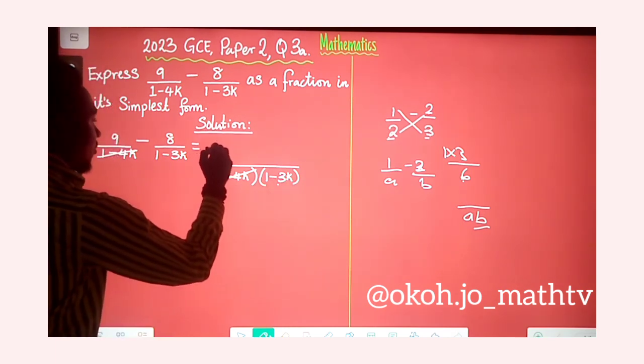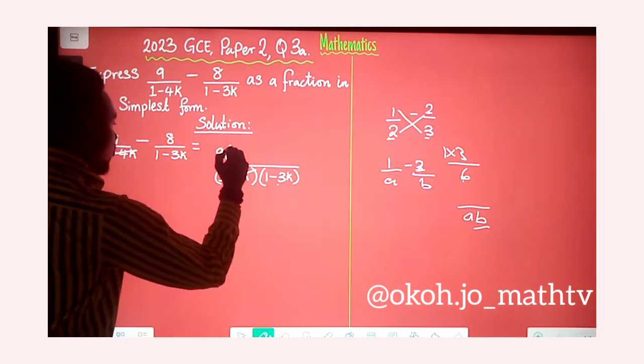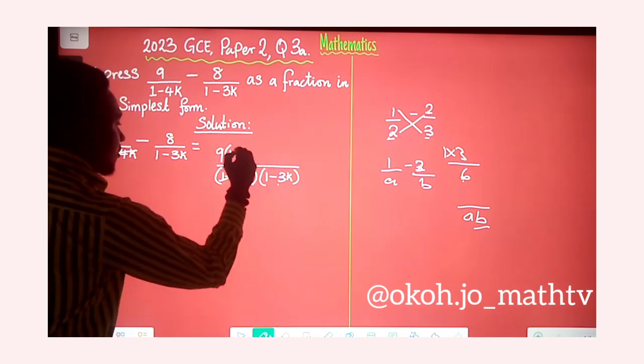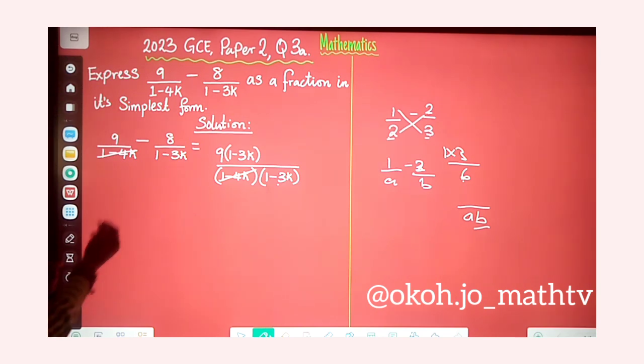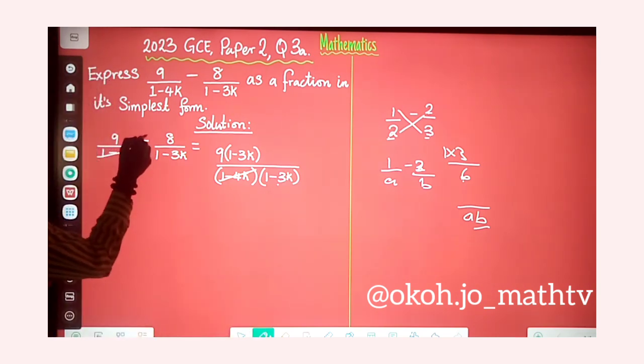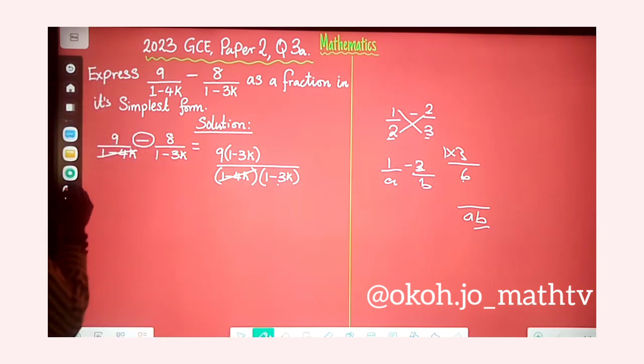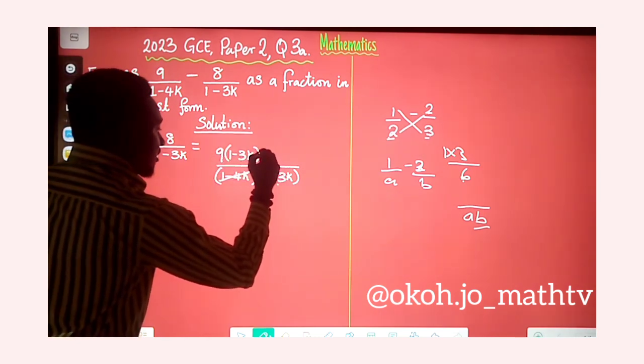Then we now have 9 into bracket 1 minus 3k, bracket close. Then don't forget this subtraction as your operation; bring it to the middle here.